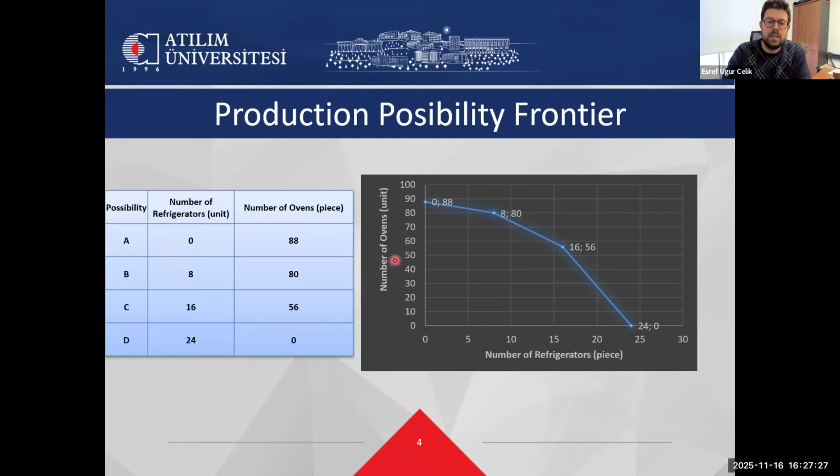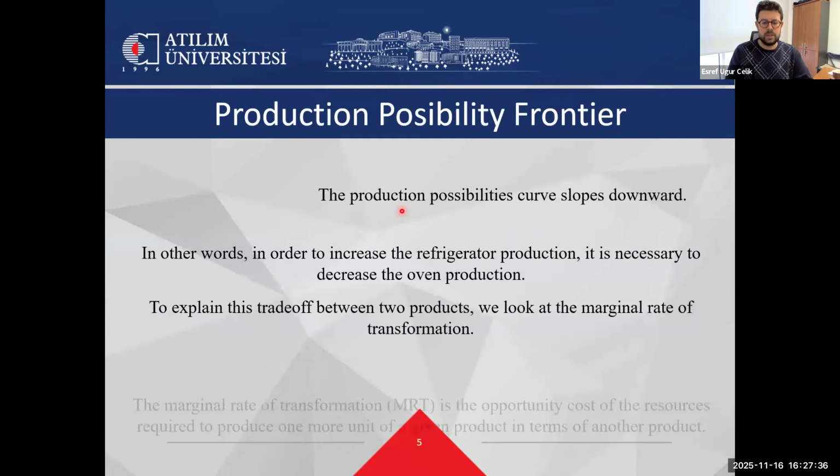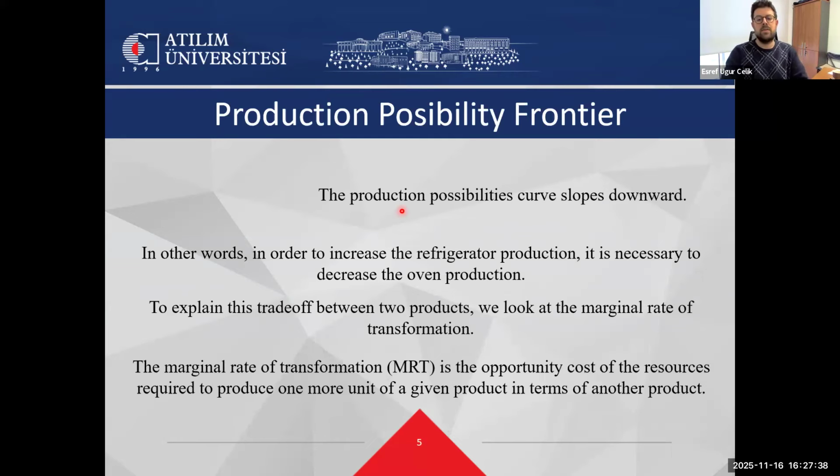For that question, it's open. We can use a formula. Let's look at that formula. That is called the marginal rate of transformation. For producing one more refrigerator, how many can we give up for the ovens?